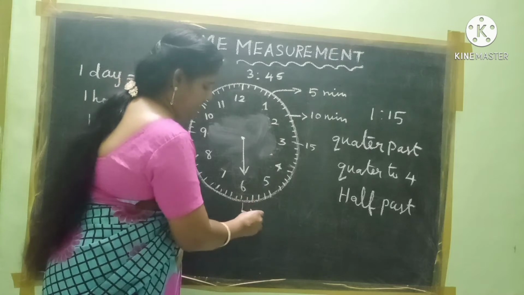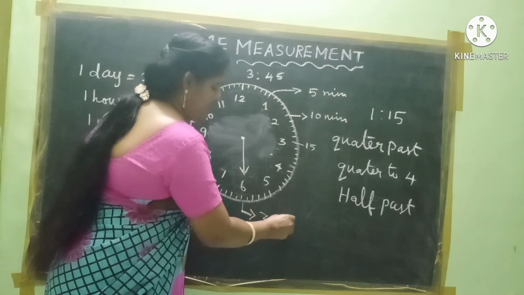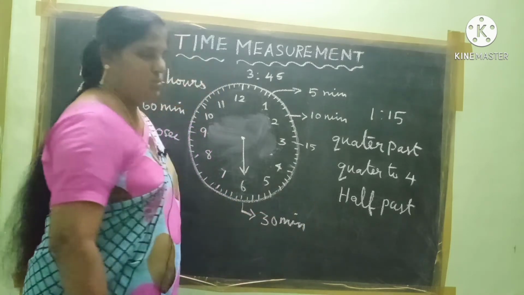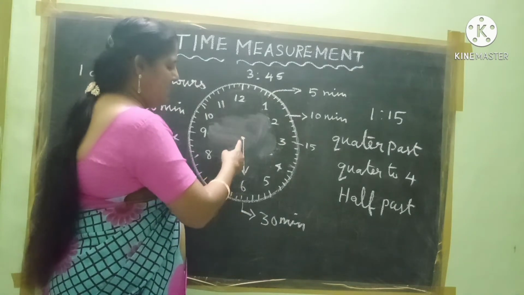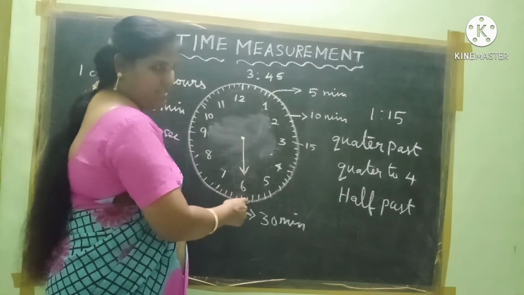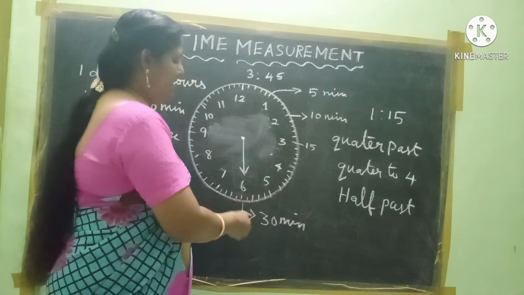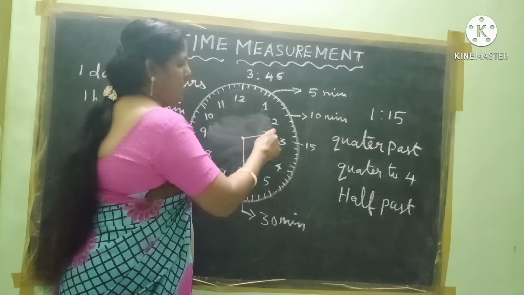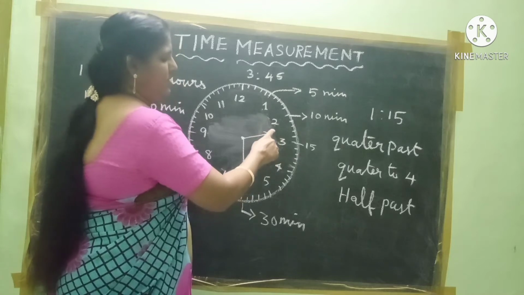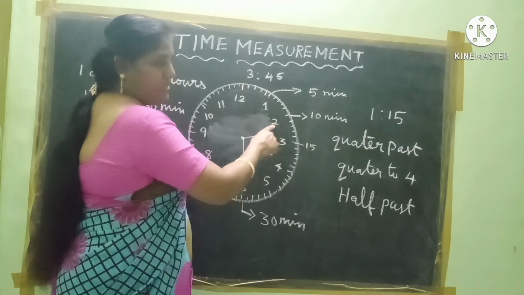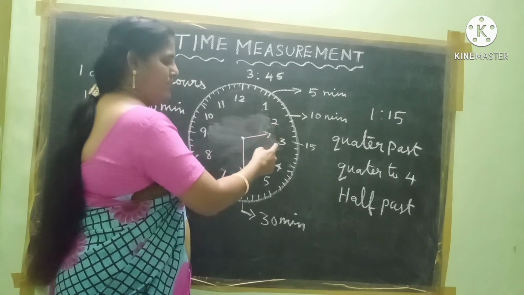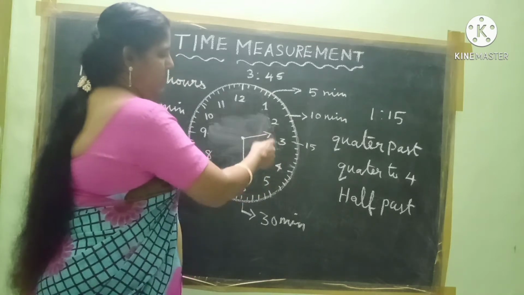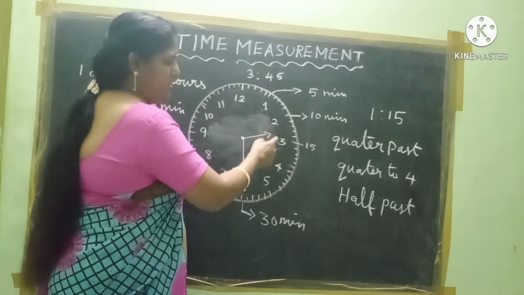So it is 30 minutes. So when the minute hand is pointing 6, and the hour hand comes between 2 and 3, not at 2 and not at 3, equally it comes between 2 and 3.